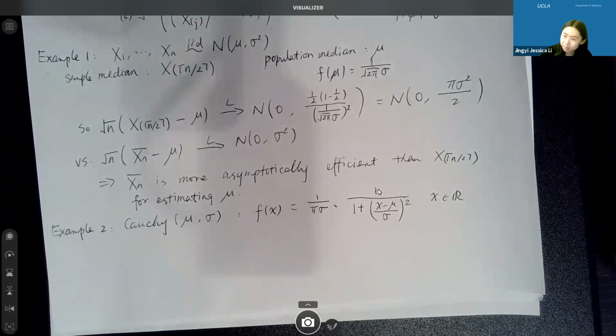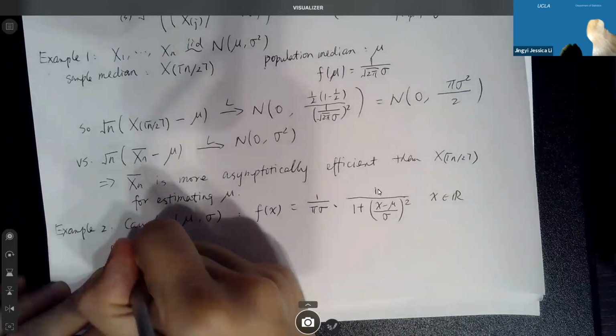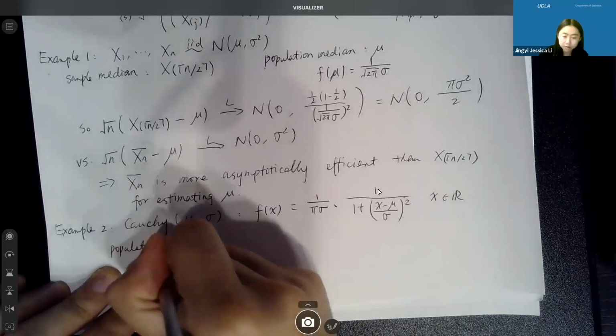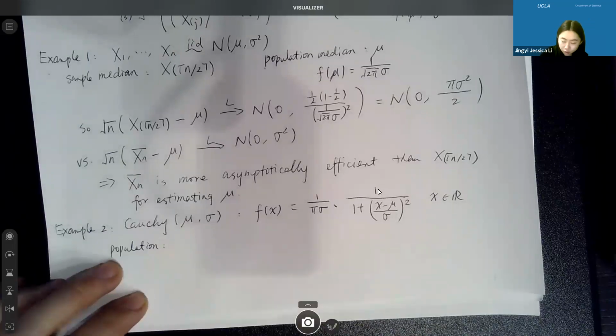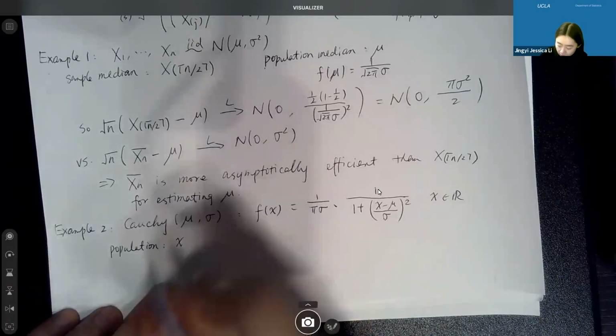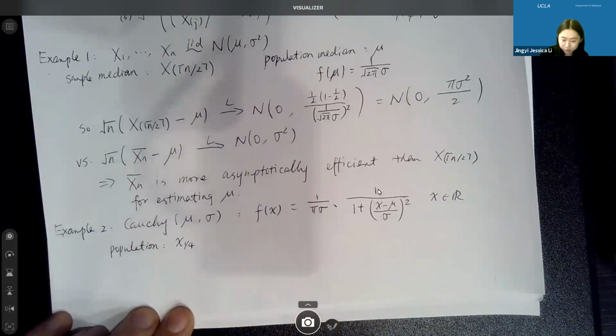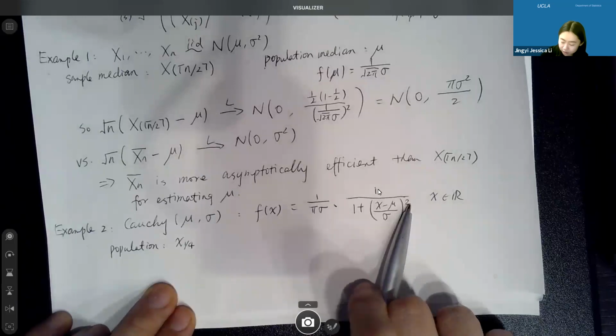So we cannot talk about its mean, its variance, etc. But we can talk about its quantiles, population quantiles. So at the population level, we would have the first quartile. By our notation, we denote it by x_{1/4}, right? The first quartile, and for the Cauchy distribution it has a very simple form.